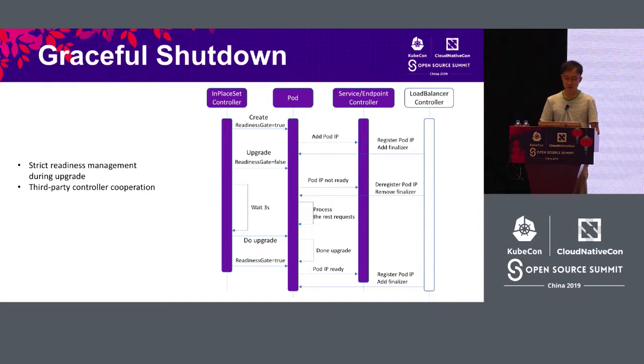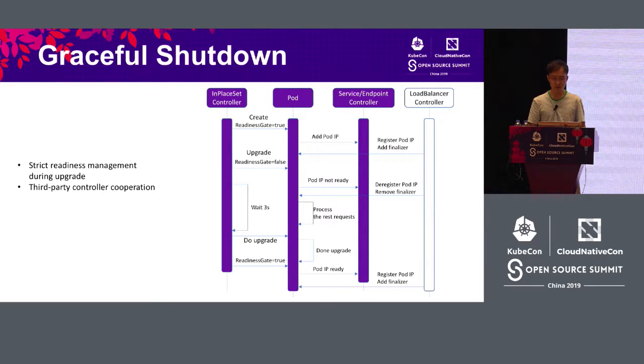When we truly upgrade the pod, we will set the readiness gate as false, and then the routing rule will be recognized, and there will be a true shutdown. Once there's no traffic, they will go back to remove the finalizer, and then the controller would know it is a true removal of the traffic, so there will not be the waiting of 3 seconds. That is how you can guarantee it will be truly synchronized for the upgrading.